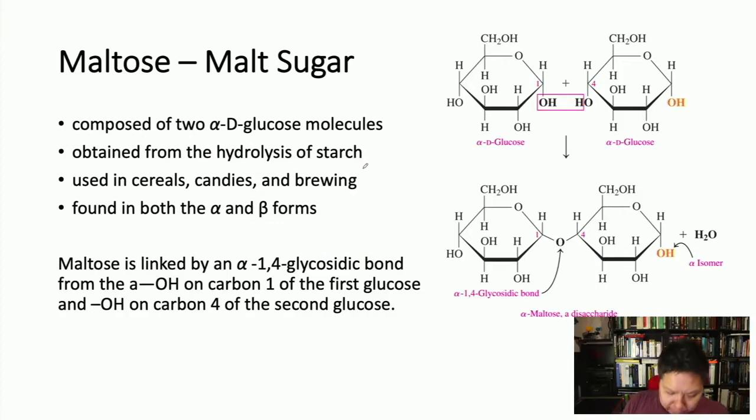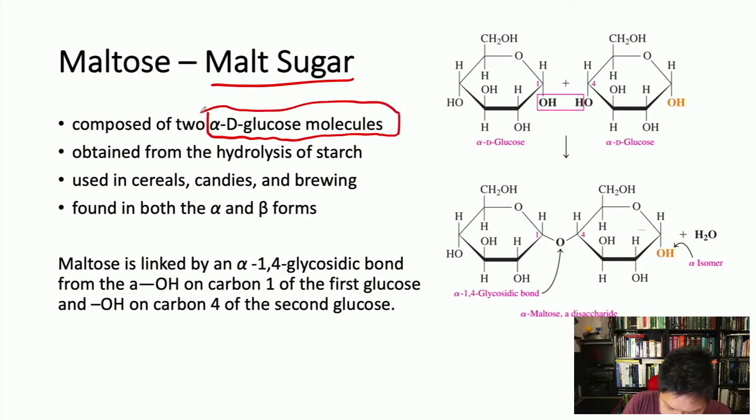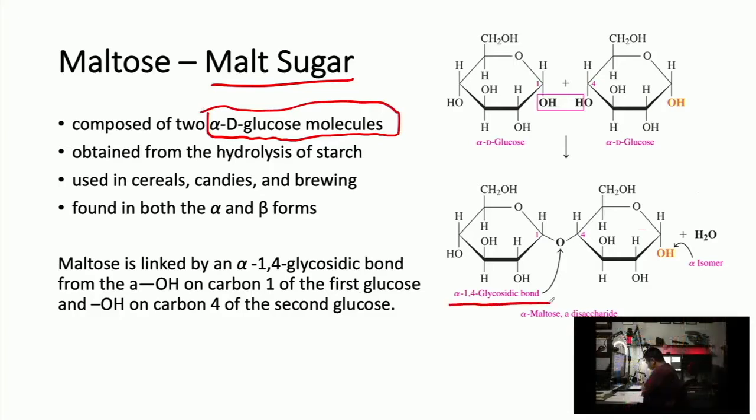Let's first talk about maltose, known as malt sugar. It's interesting because it is two alpha D-glucose molecules that are joined together by an alpha 1,4 glycosidic bond. It's found in cereals, candies, and brewing, and it can be obtained through the hydrolysis, using water to cut molecules apart, of starch.